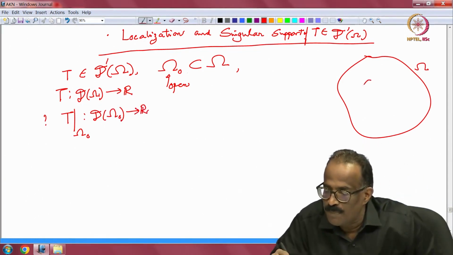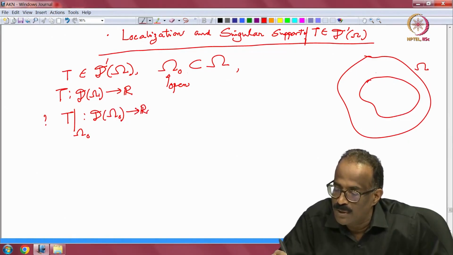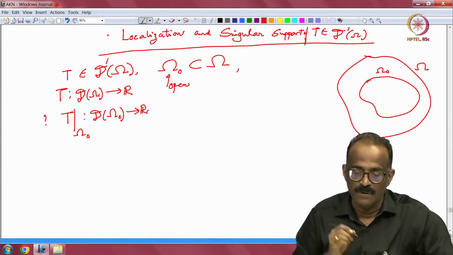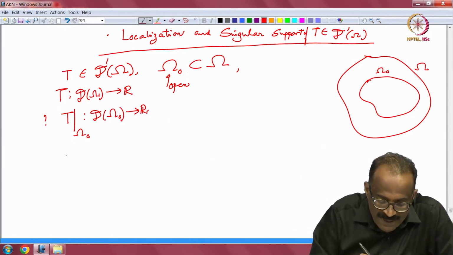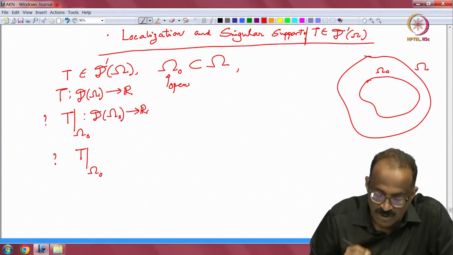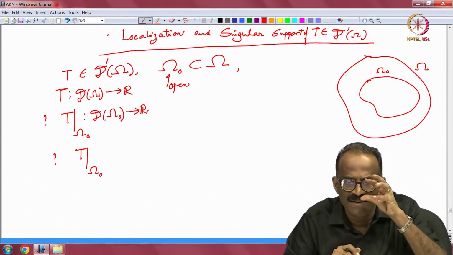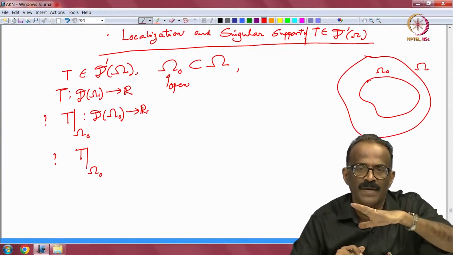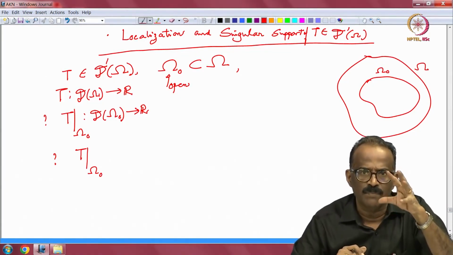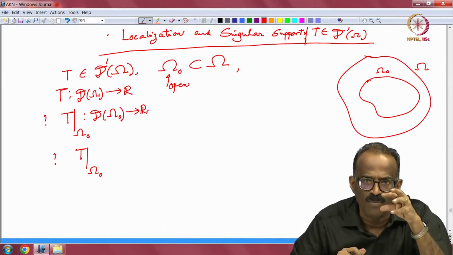So you have an open set omega here, omega naught here. How do I do that? Basically the question is that in a natural way I want to restrict, because I want to understand localizing. T is defined for all phi with compact support in omega. Suppose I have phi supported only in omega naught.